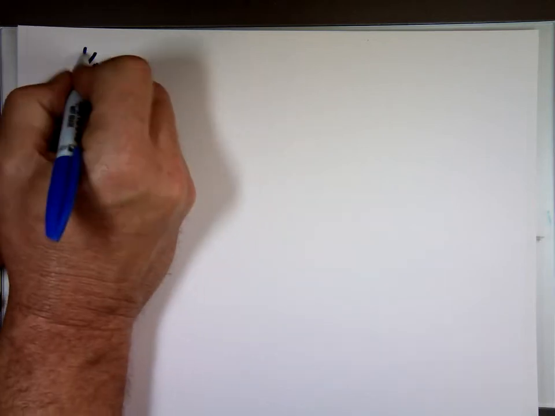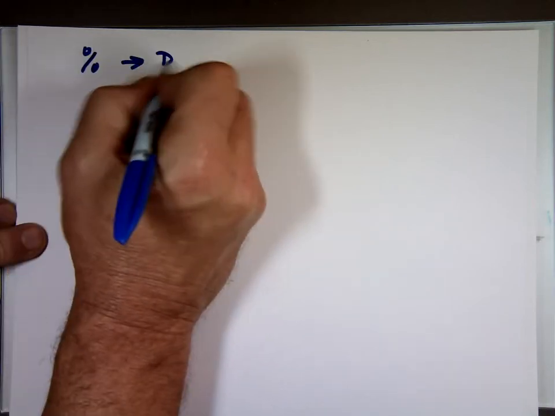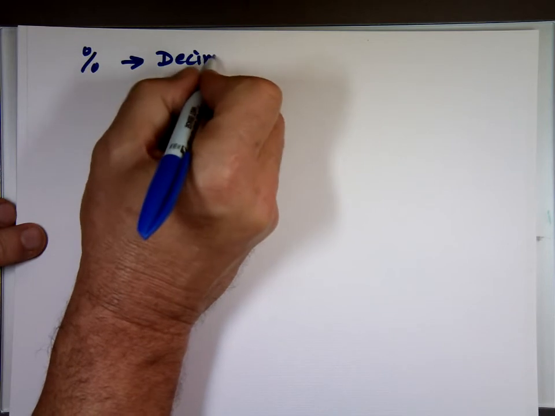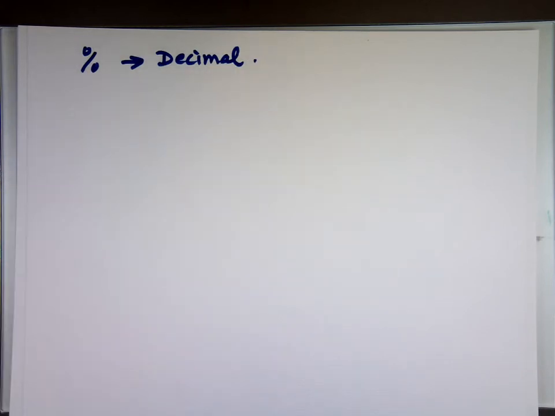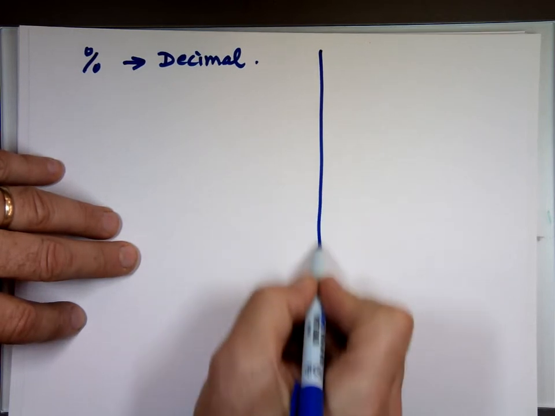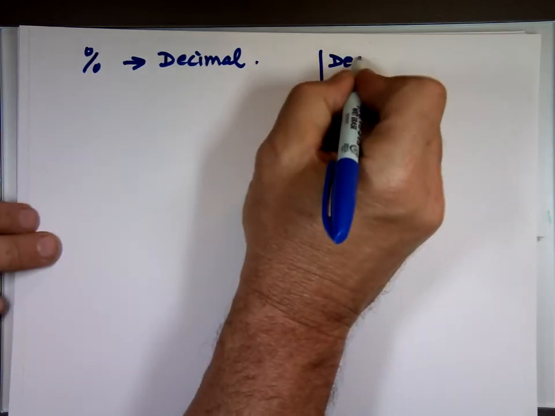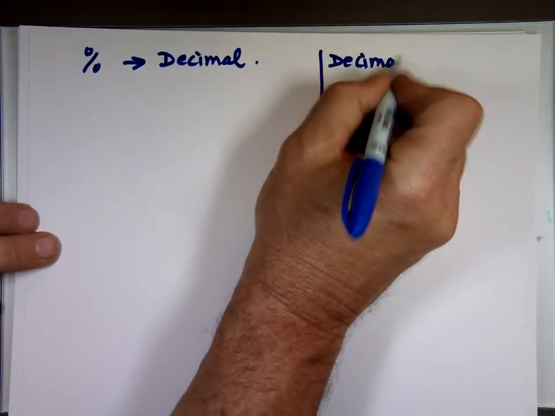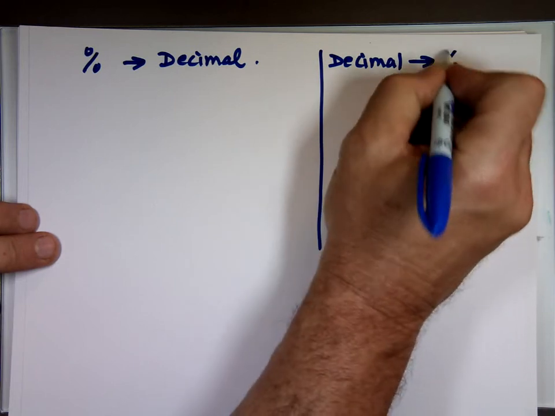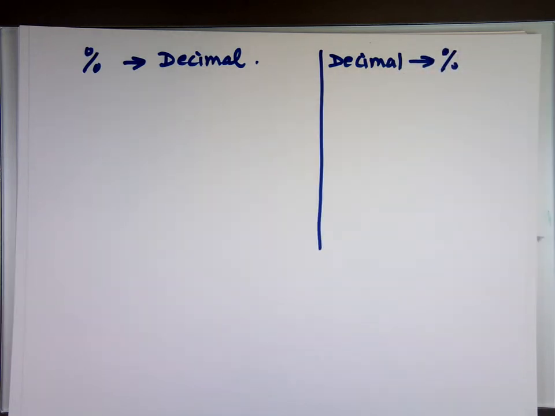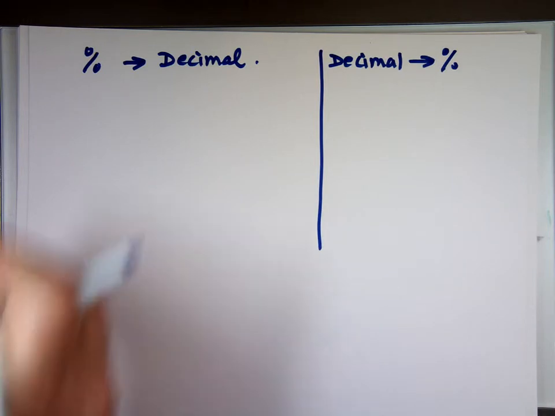The next one, how do we go from percent to decimal? That's an easy one. And the other side of it, how do we go from decimal to percent? For example, again, going back to the numbers we used earlier for percent, what was it?